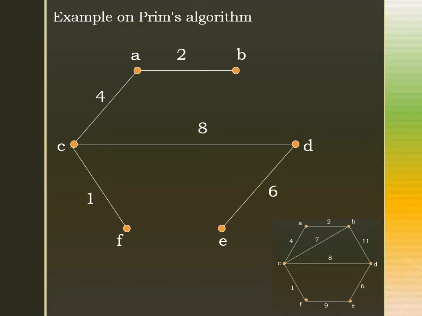The minimal weight of this spanning tree can be calculated by adding the weights of the edges included in the spanning tree. So 1 plus 4 plus 2 plus 8 plus 6, we get the minimal weight of the spanning tree as 21.